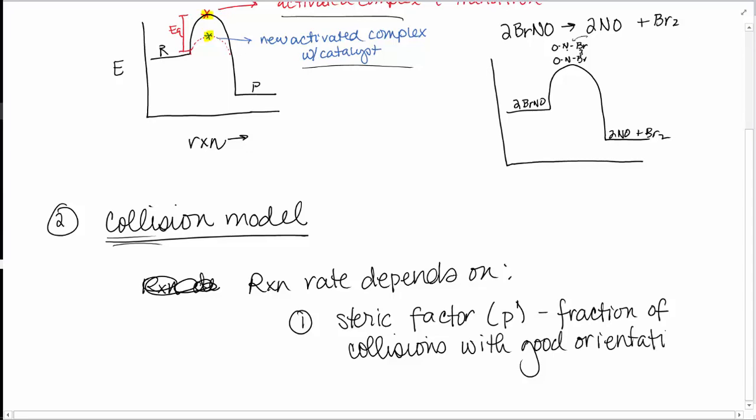So I'm going to use the little example reaction that I have up here in order to demonstrate that. If you could envision, for example, if I have my BrNO molecule, if two of them, if this one's traveling this way and this one's traveling this way and they hit each other, what we may end up with is a bromine and then some nitrogen oxide molecules.